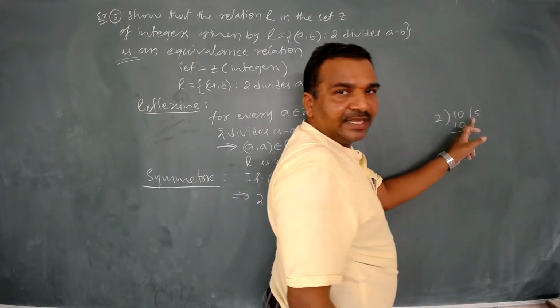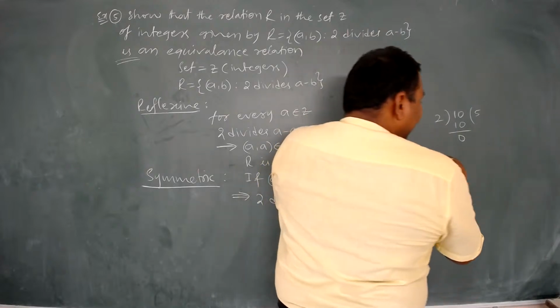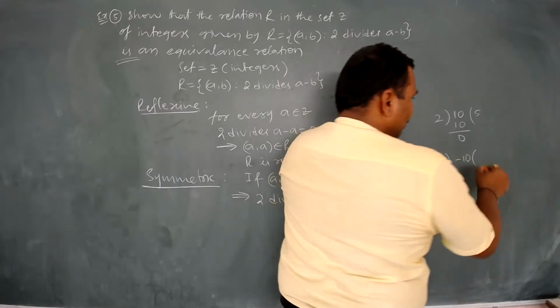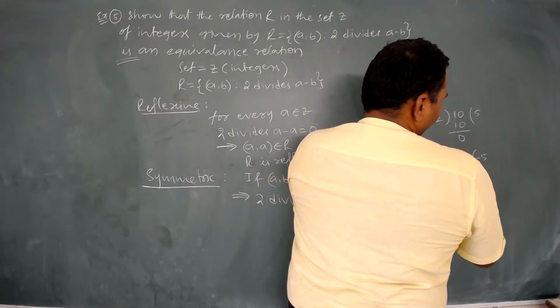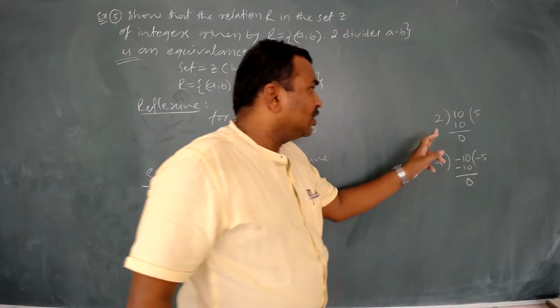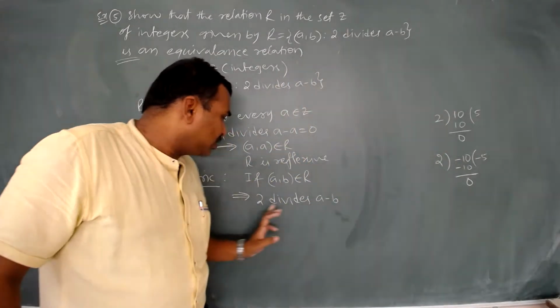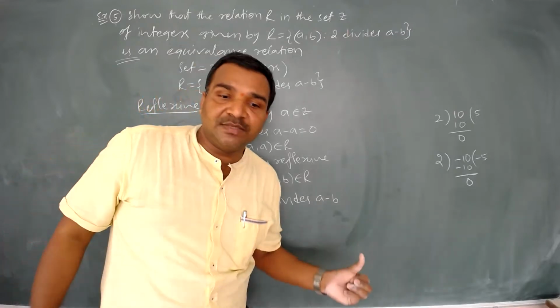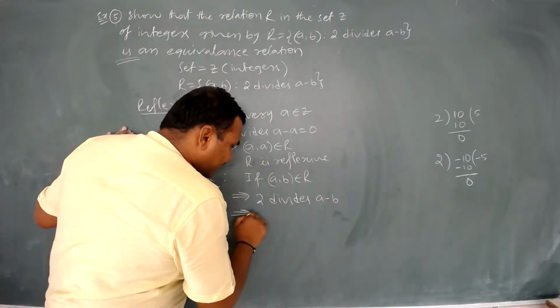Correct? 10 is divisible by 2. So minus 10 is also divisible by 2, because 2 into minus 5 is equal to minus 10. This means if 2 divides a minus b, then we can say 2 divides minus of (a minus b) also.